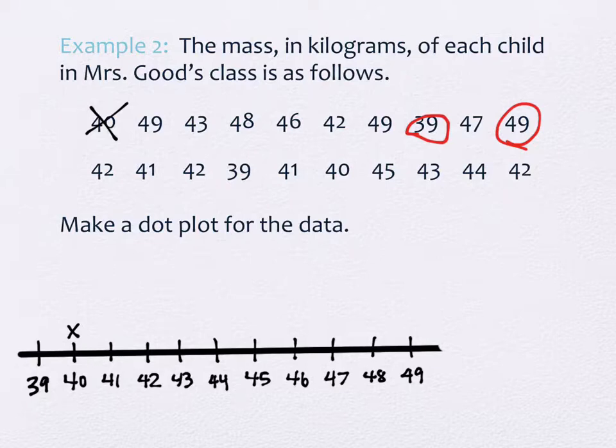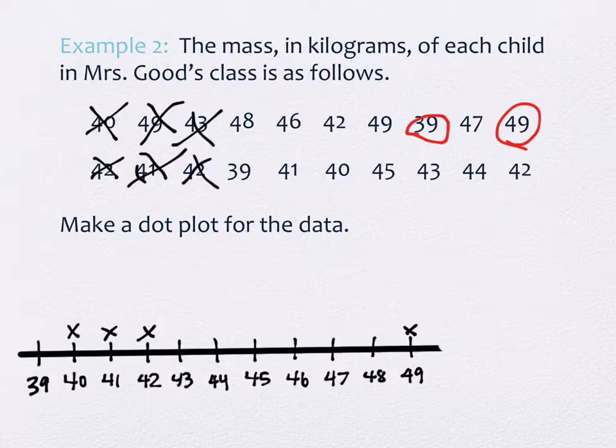All right, so we have 42. So I've got one at 42. 49 and 41. And we're just going through all the data, 43 and 42. Okay, when it doubles up, we do stack it. So there's 2 in the 42 column now. 48, 39. 46, 41.